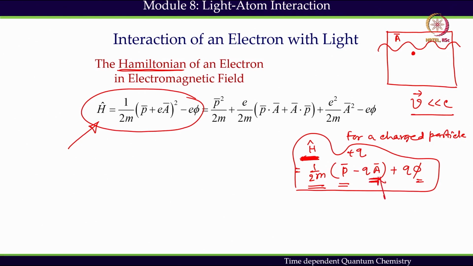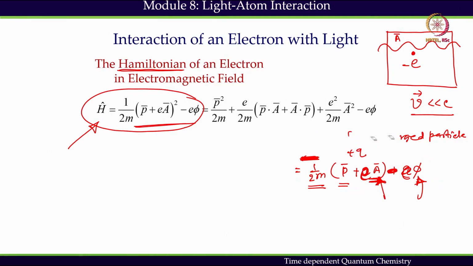That's why A comes into the Hamiltonian, and then phi comes into the Hamiltonian. And for an electron, the charge is minus e, so this part becomes negative e, and that's exactly what I have written here. So there is a rigorous mathematical derivation to obtain this Hamiltonian. We'll just use that final result and not show how to get it.